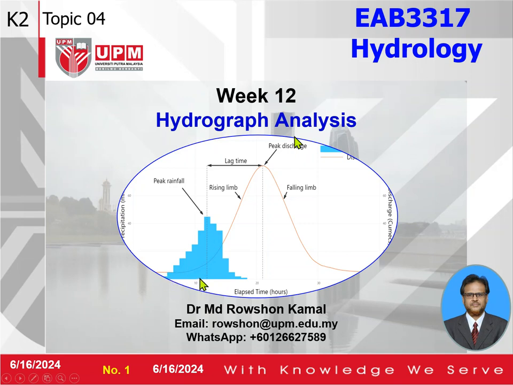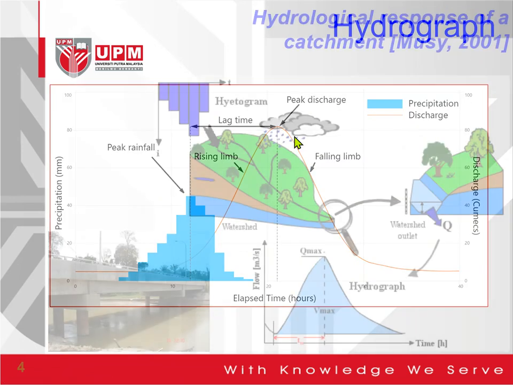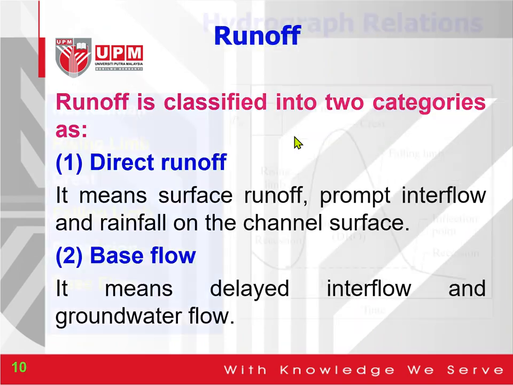Rain started at this time, rain is maximum, and due to this rain, in the river we observe this hydrograph. So how do we derive this hydrograph from the rainfall? That is the topic today.